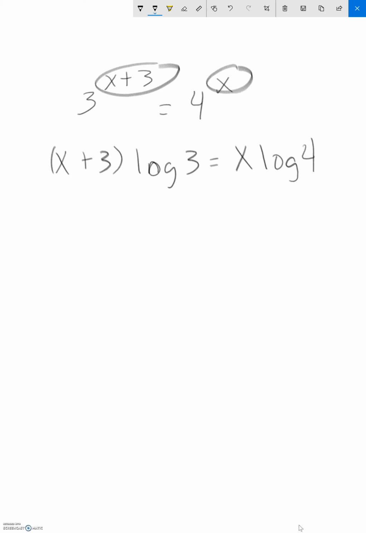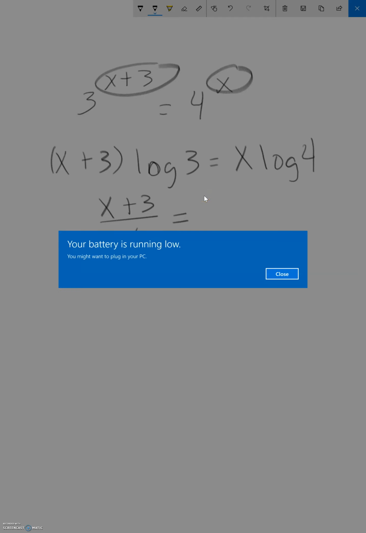Then if I divide both sides by x and then divide both sides by log of 3 to get everything on the same side, I'm going to have x plus 3 over x is equal to the log of 4 divided by log of 3.